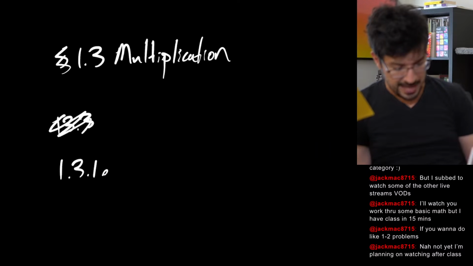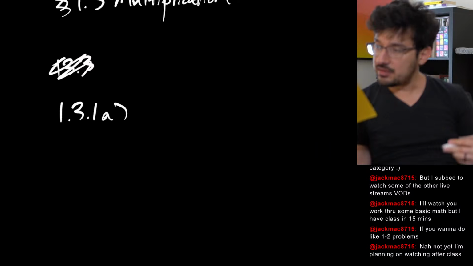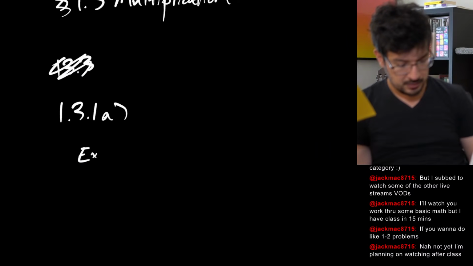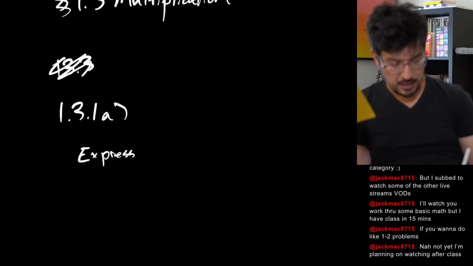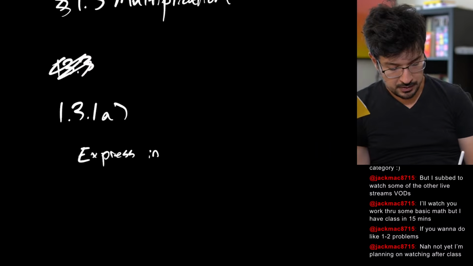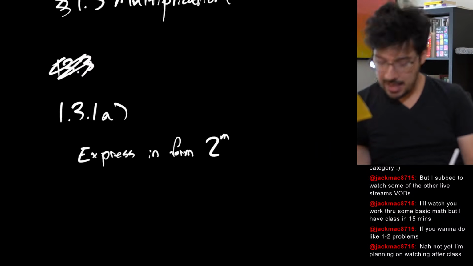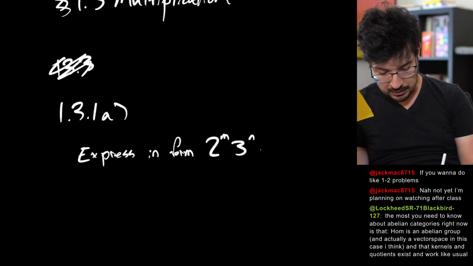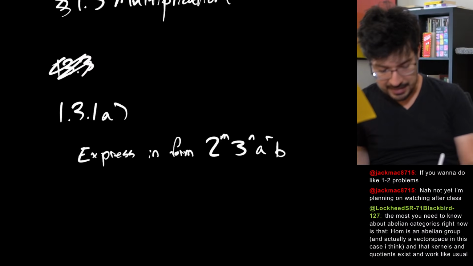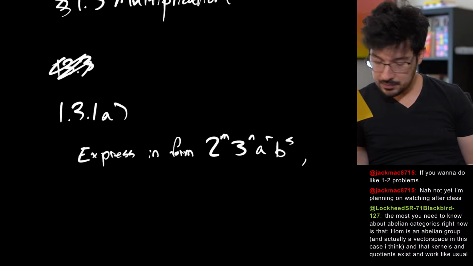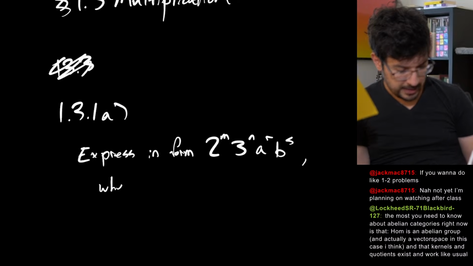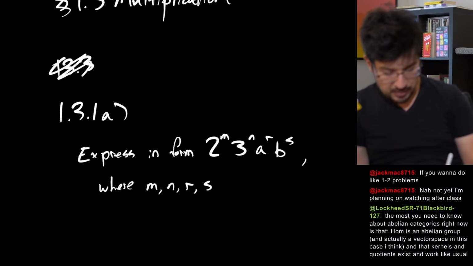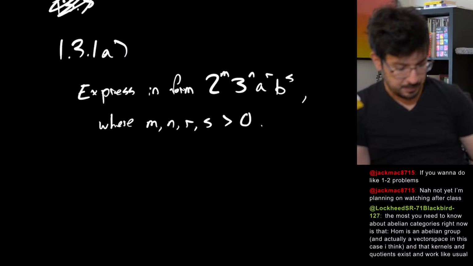1.3.1a. It says express in the form 2 to the m, 3 to the n, a to the r, b to the s, where m, n, r, and s are positive integers.